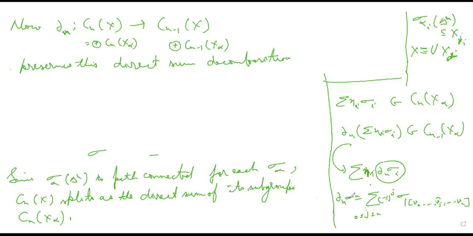But the image of each sigma i belongs to X alpha, so the restriction of these sigma i's over the boundary faces also will go to X alpha. That is, each boundary n sigma i will be in X alpha. This is the meaning of preserving the direct sum decomposition.